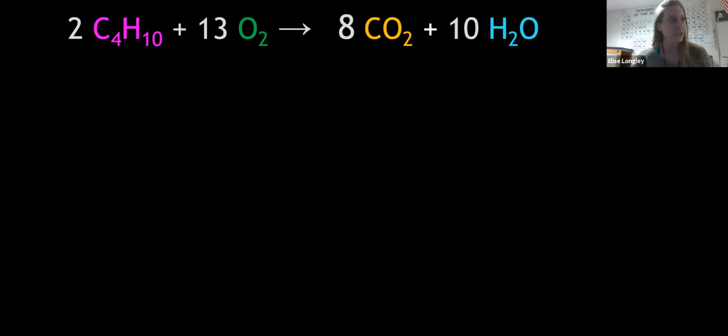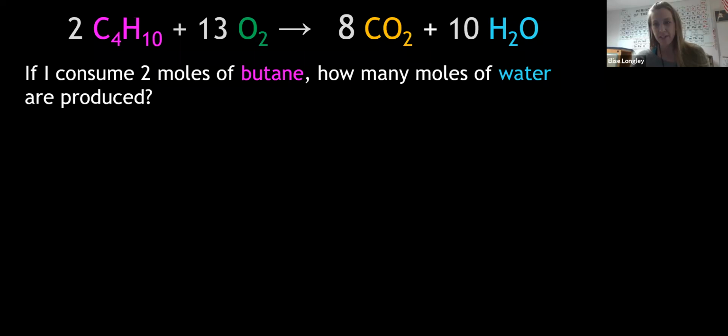So first question, if I consume 2 moles of butane, how many moles of water were produced? Shanmathi, give me that one. Try to work it out just by looking at the reaction. I said I consume 2 moles of butane.